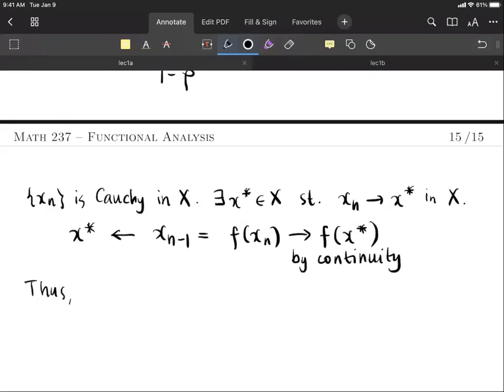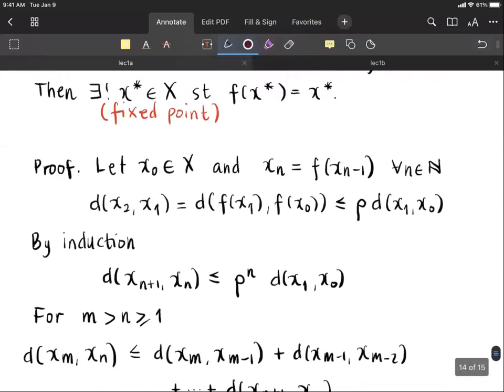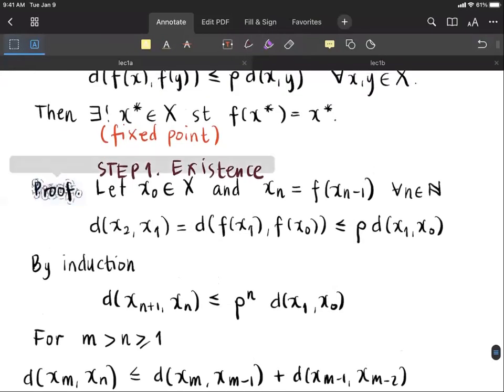So by uniqueness of limits, f of x star should be x star. So this proves the existence of a fixed point. So that would be our first step: existence. And let us move this one above.